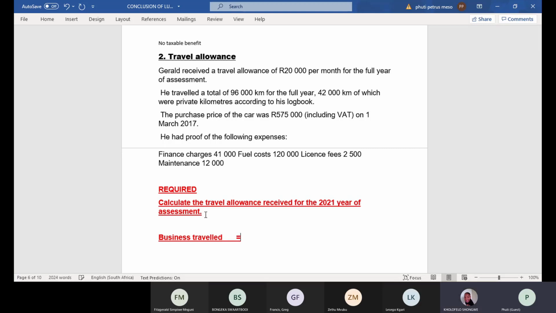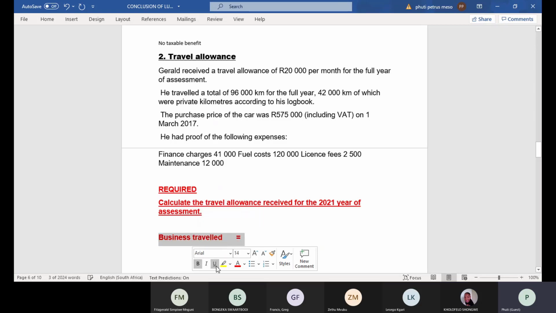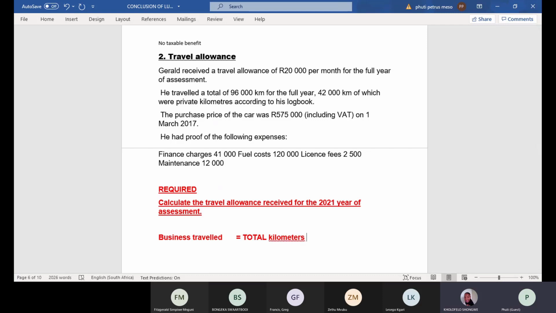And then underneath I wrote total kilometers traveled, which is 96,000. Total kilometers, yes. And then I said minus private kilometers traveled, which is 42,000.